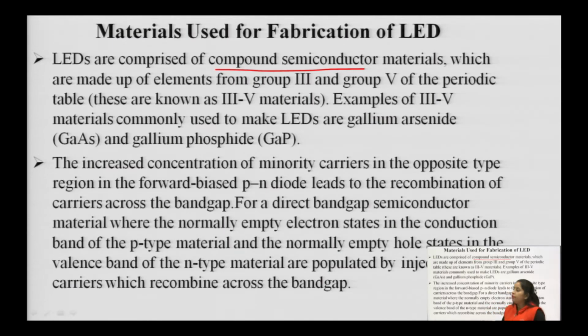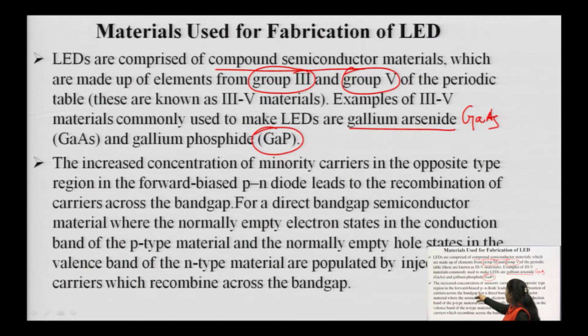In the fabrication of LEDs, we use compound semiconductors made from a group 3 element and a group 5 element, for example gallium arsenide, GaAs, and gallium phosphide, GaP. The increased concentration of minority carriers in the opposite type region in a forward biased PN diode leads to the recombination of carriers across the band gap for a direct band gap.